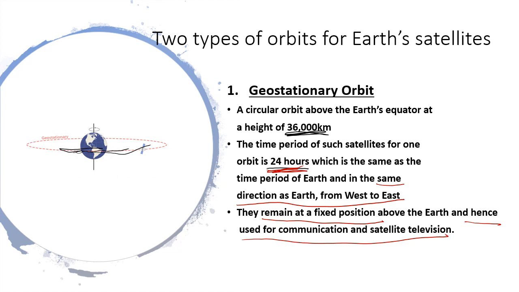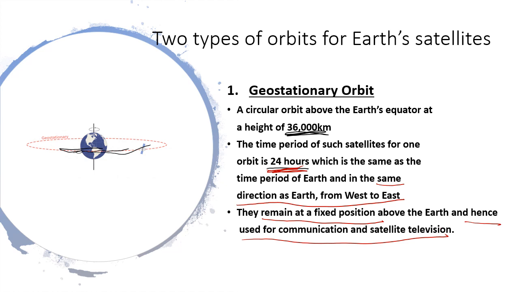So a geostationary orbit is a circular orbit above the Earth's equator at a height of 36,000 kilometers. The speciality of geostationary satellites is that their time period is 24 hours, exactly like the Earth, and they move in the same direction as the Earth.